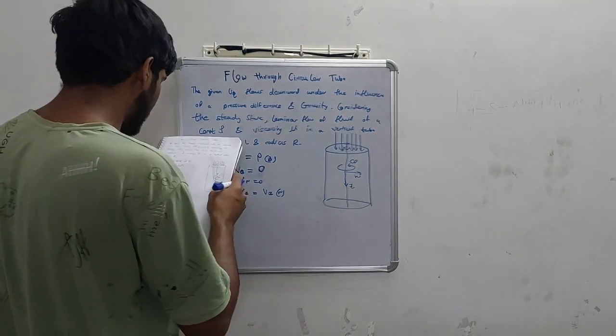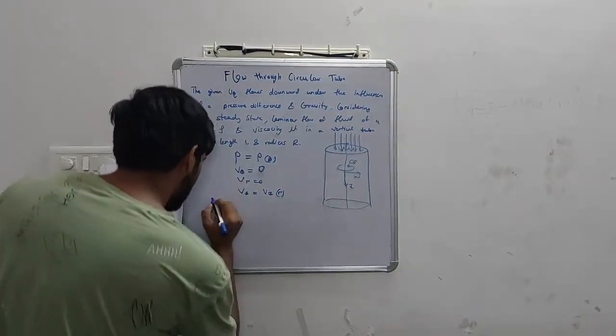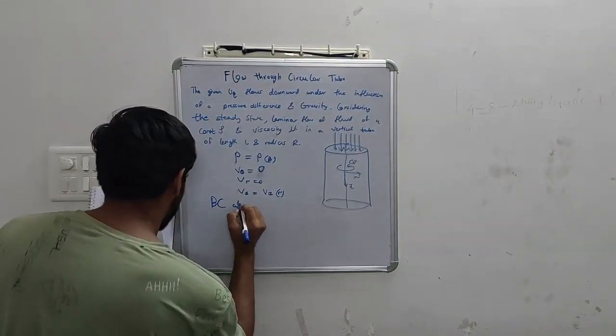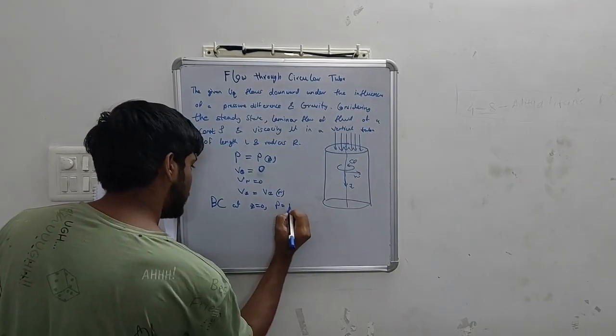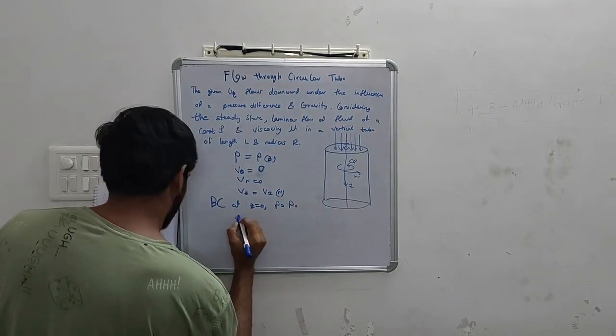So the boundary conditions at z equals 0 is P0.